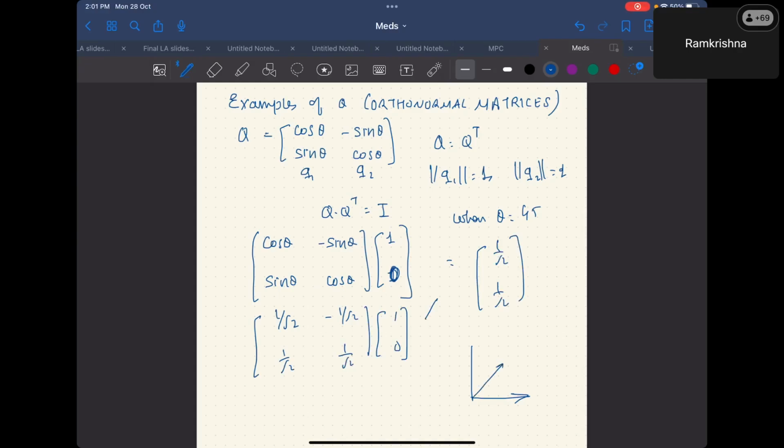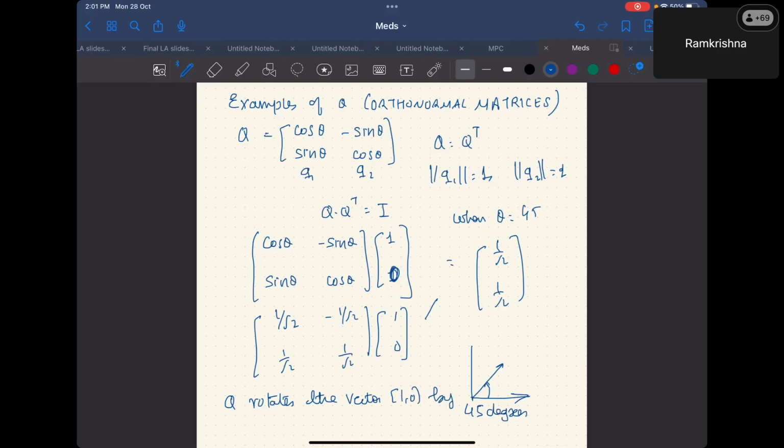So what this has done is rotate the vector 1, 0 by 45 degrees.